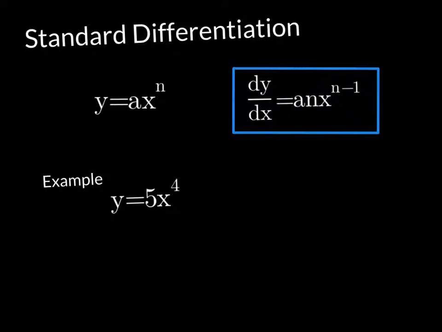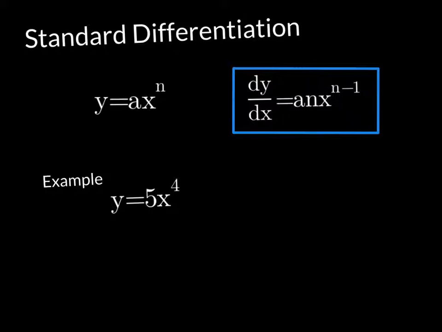Okay, so let's say that we want to differentiate a standard polynomial function. So that's represented here as y is equal to a, so a is just some coefficient, some arbitrary number, multiplied by x to the power of n. Again, n is just some arbitrary number.